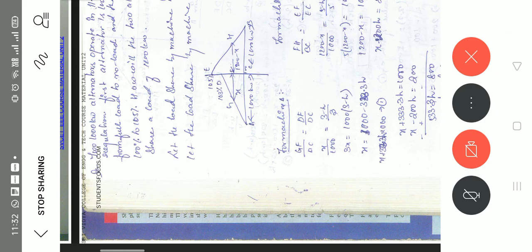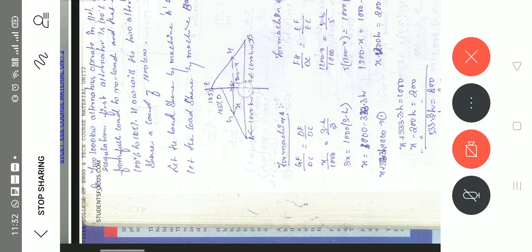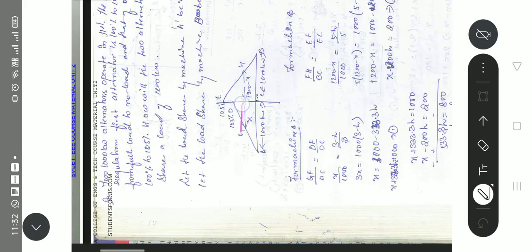Here GF is X, so I am substituting X. AC is 1000, so substituting 1000. CD is 3. From here to here I am taking H, so DF is 3 minus H. Substituting, we get X by 1000 equal to 3 minus H by 3.